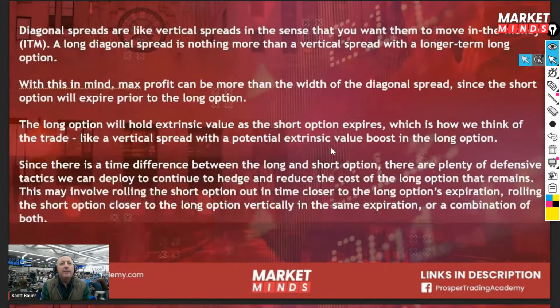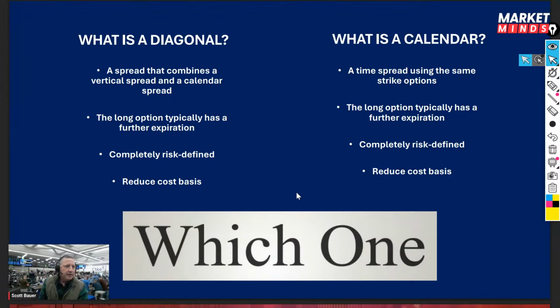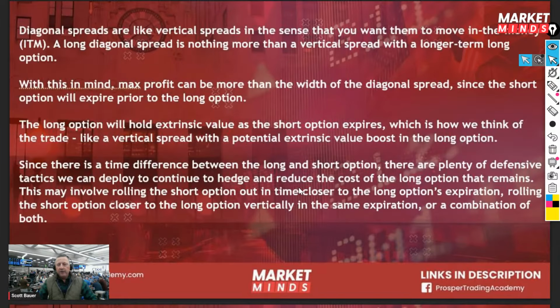Okay, so let's talk about diagonals first. Diagonals are like vertical spreads, with two different strikes. And ideally, we want the stock to move in the money. Like what we did this morning in SBET, we want the stock to move higher. What we did this morning in STZ, we want the stock to move lower.